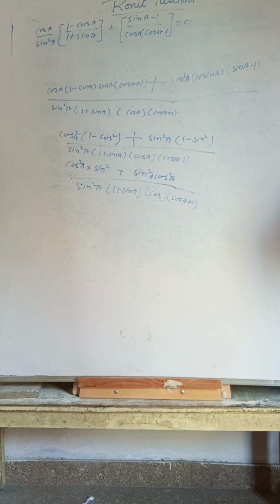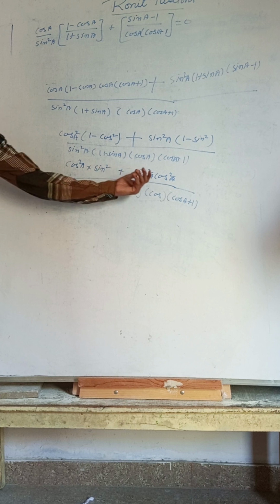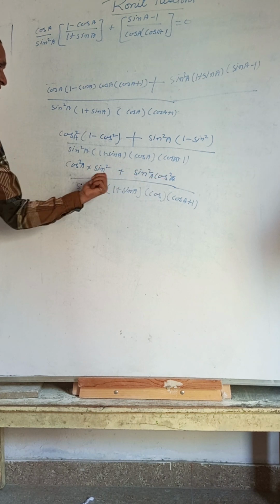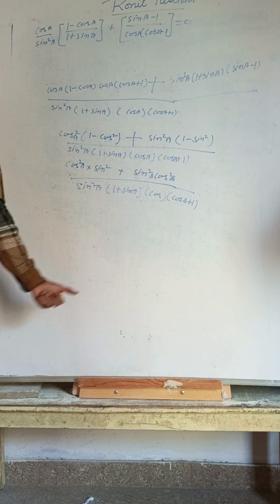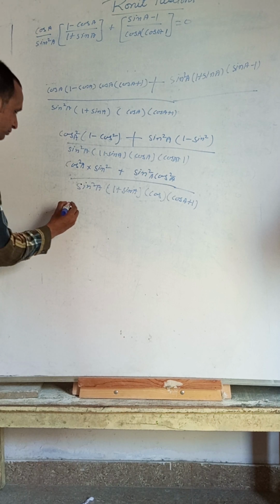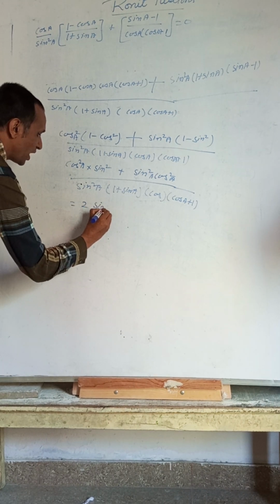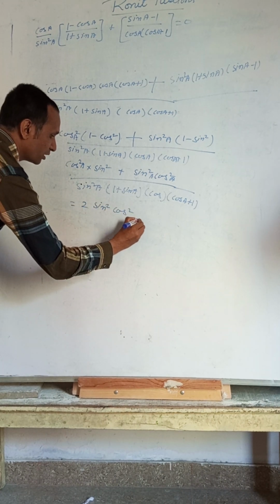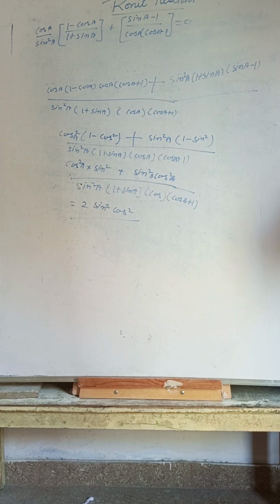Okay, this number is the same, so it will become 2 sin square cos square by the total, the same as it is, equal to 0. It is going on.